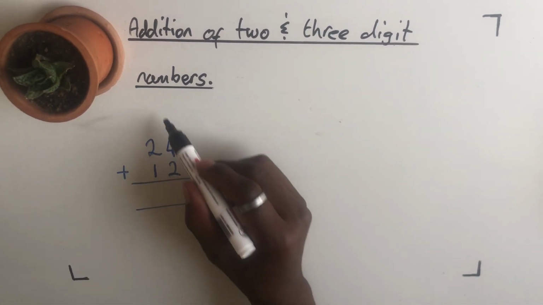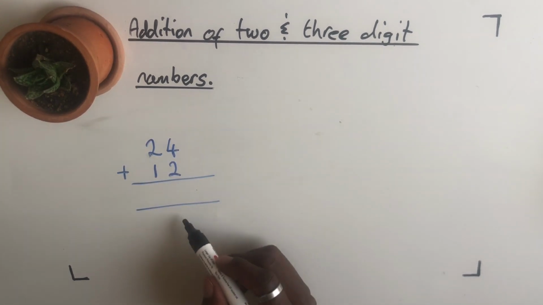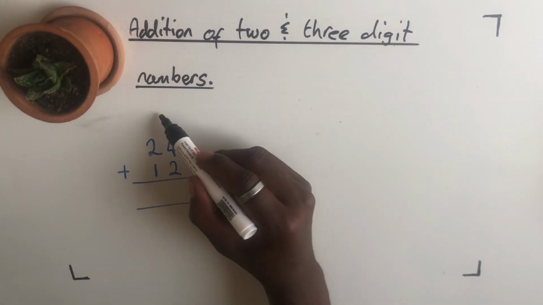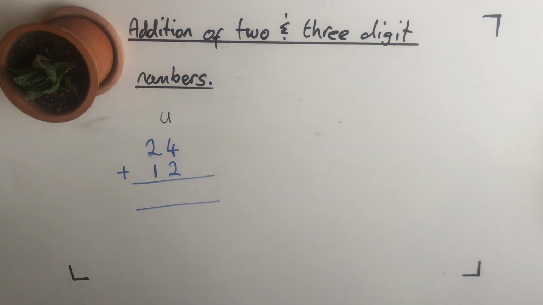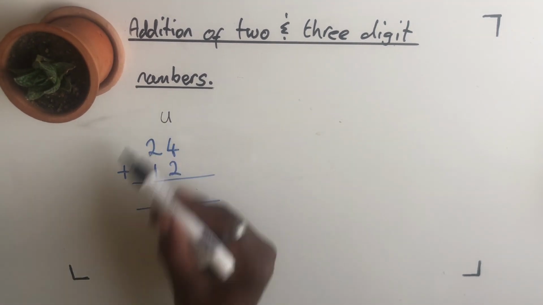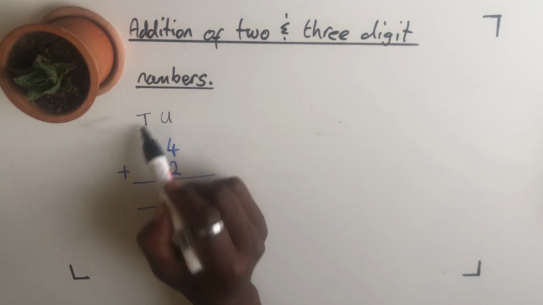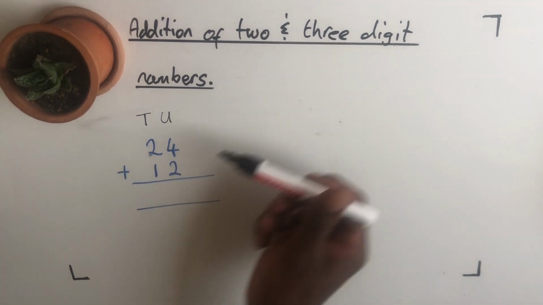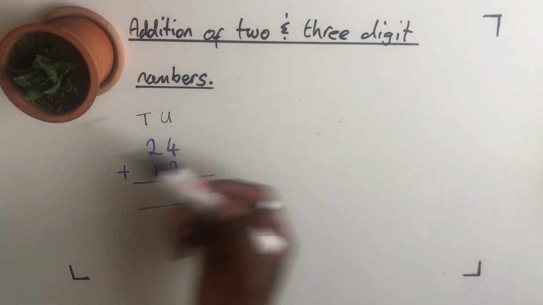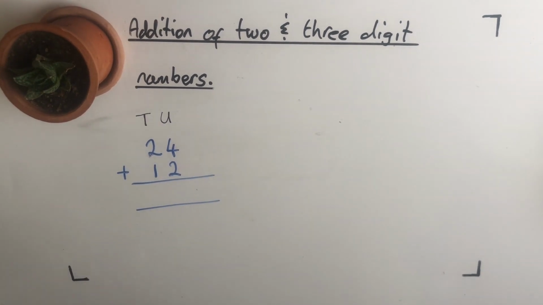The first digits on the right are what we call units. And then the numbers preceding that, we call that tens. So it continues on going to hundreds, thousands, and so on.